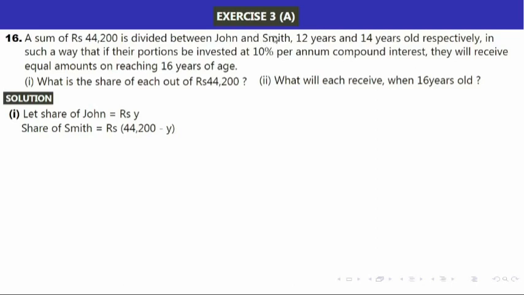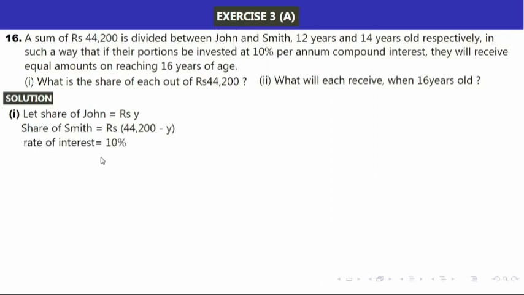And for Smith, whose age is 14 years, to reach 16 years, obviously 2 years are required. So the amount of John after 4 years, when he reaches 16, will be equal to the amount received by Smith when he reaches 16, that is, after 2 years.